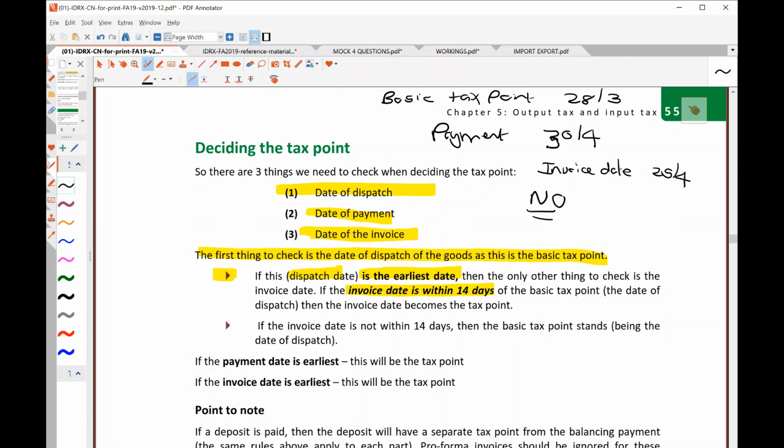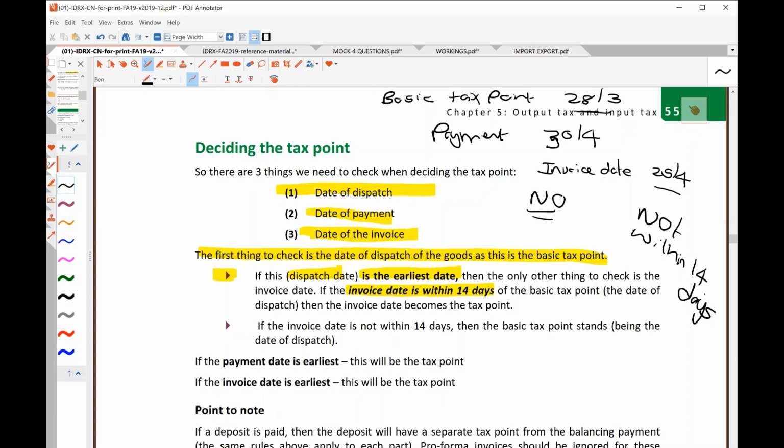The second thing we check is whether the invoice date is within 14 days of the basic tax point. Well, I've said that the invoice date is the 25th of April, and that the basic tax point is the 28th of the 3rd. So it's not within 14 days.